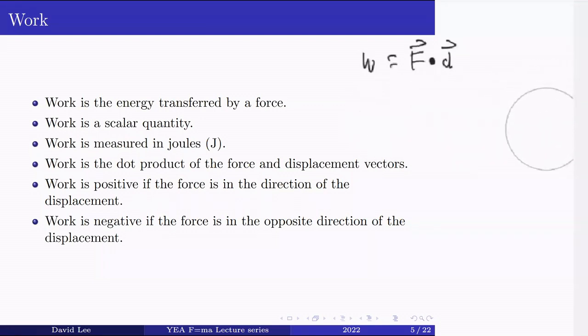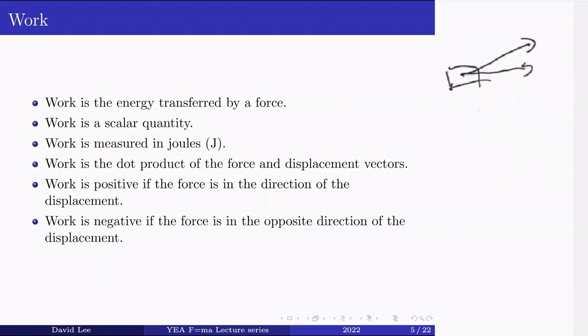All right. I know we briefly mentioned dot products in a previous lecture, but just to review, the dot product will be equivalent to F D cosine theta, where theta is this angle here.